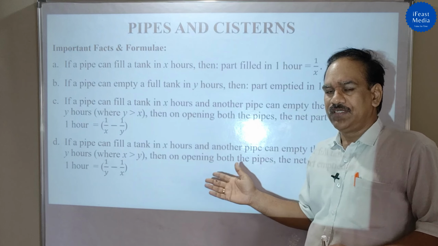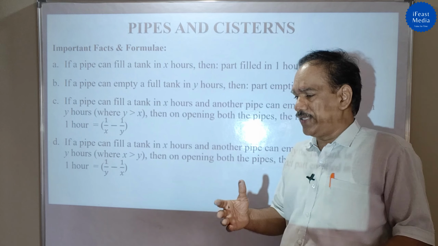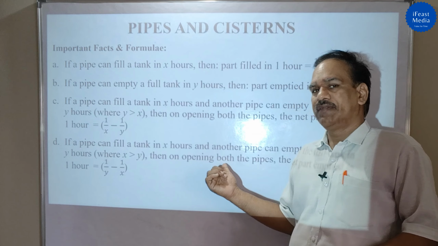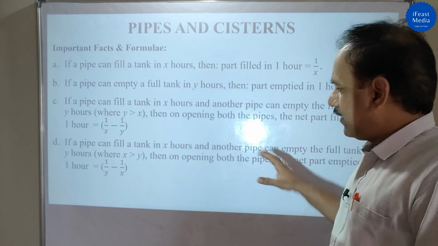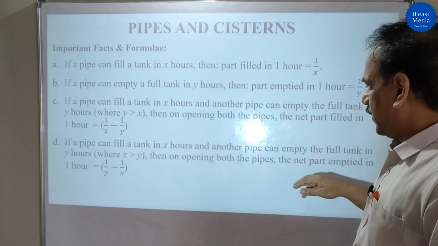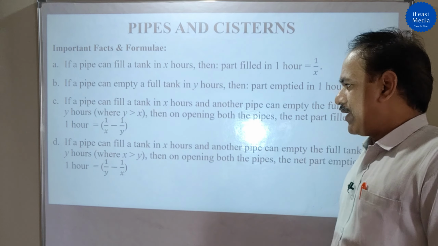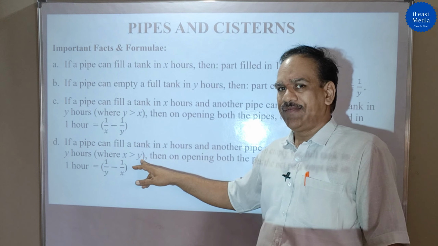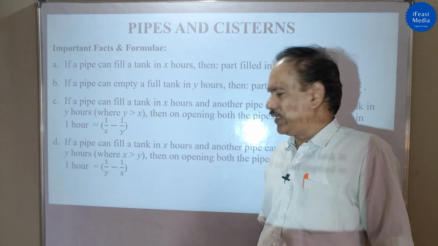When are you going to use this concept? It is not used when the tank is empty, right? This concept is to be used when the tank is full. When the tank is already full and you open both the taps, one tap is going to fill it, but another tap is emptying it, because the tap that is emptying is working fast compared to the tap that is filling.